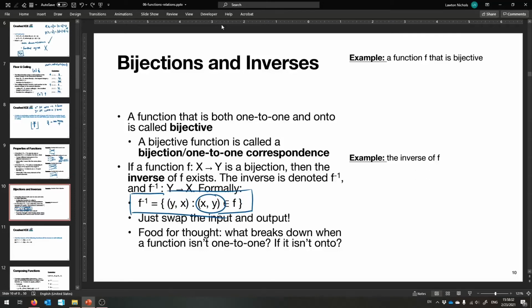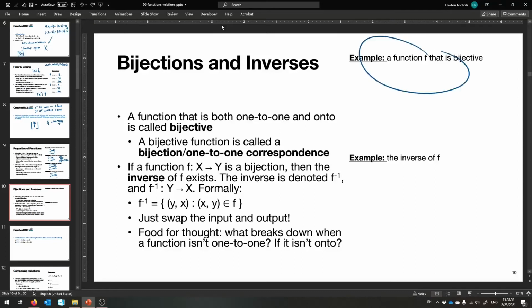This is guaranteed to be well-defined because you're only ever mapping one thing to another place. That's what it means to be one-to-one. And because it's onto, you're always getting mapped somewhere, so you can always go backwards to where you came from. That's my hand-wavy idea. And there's only one place you could have come from.